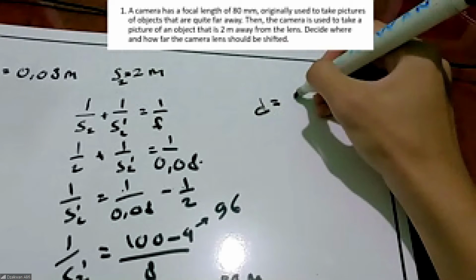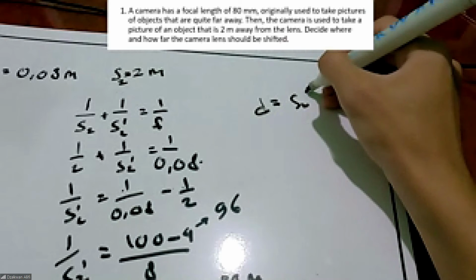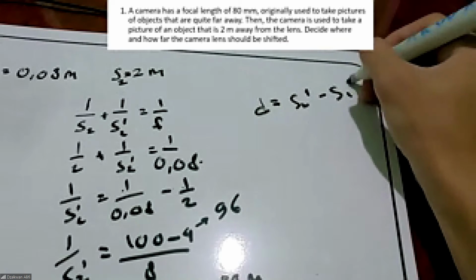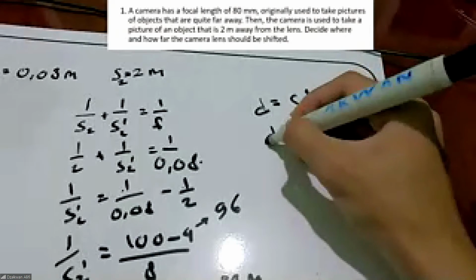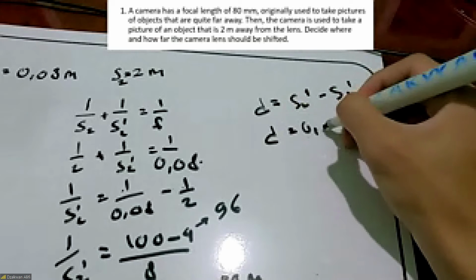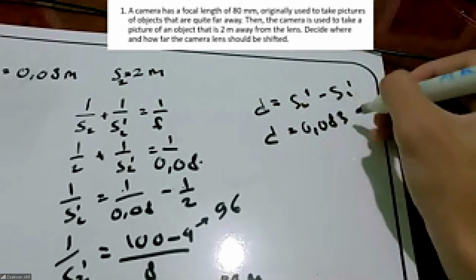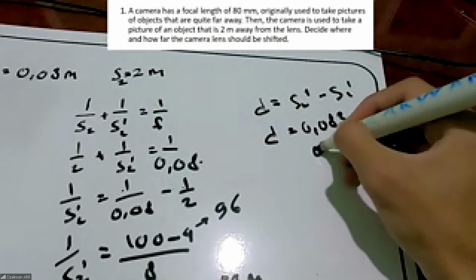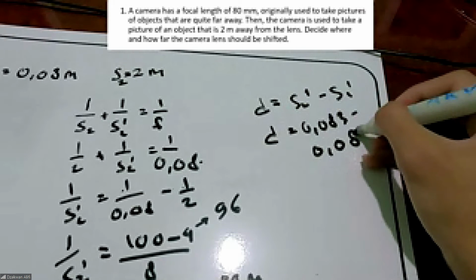d equals s2 accent minus s1 accent. The d is 0.083 minus 0.08.